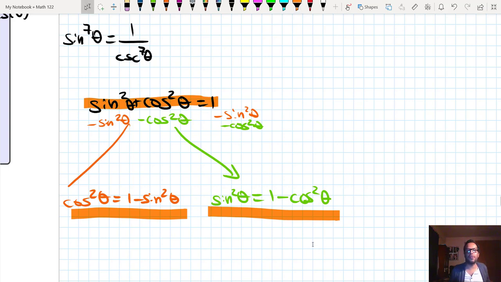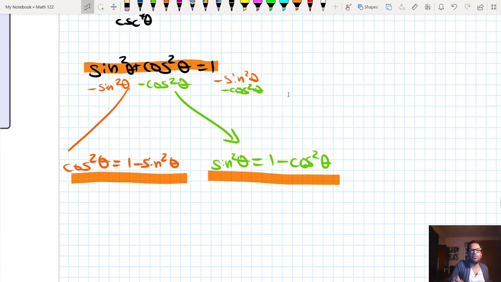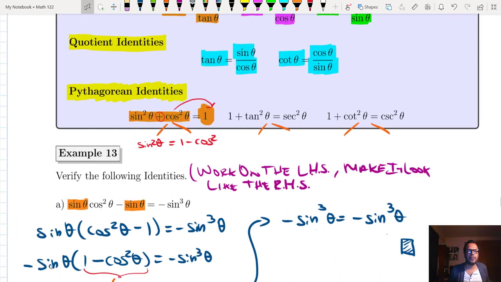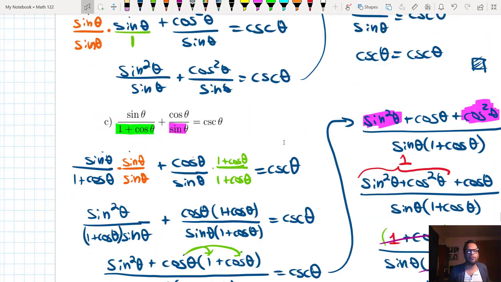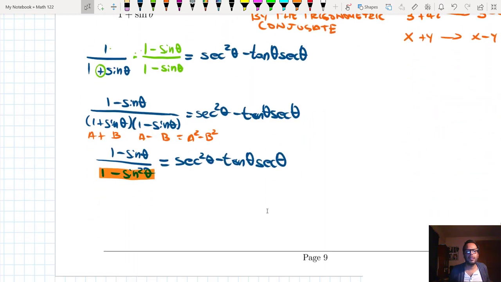We're going to use one of those that gets derived from the original Pythagorean identity. So 1 minus sine squared is the same as cosine squared theta. The right hand side remains the same.